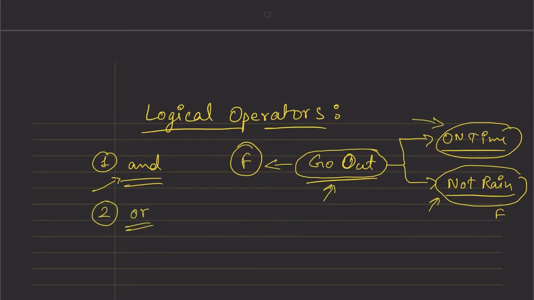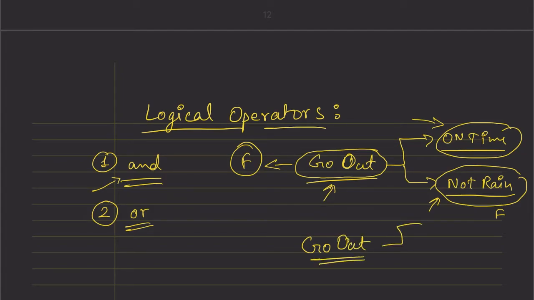Now the next operator is called the OR operator. Let's again take the condition where you're deciding whether to go out to play in the playground.